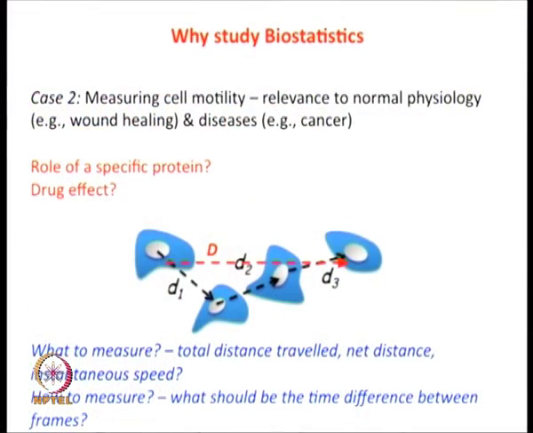You are acquiring these movies, and the question here is, you want to understand the role of a specific protein or the effect of the drug, as the case may be, and so as a process you want to measure the cell motility and see whether it has an effect or not, right. So, you want to essentially measure the cell movement. The question is, how should we acquire the movie when the cells are moving?